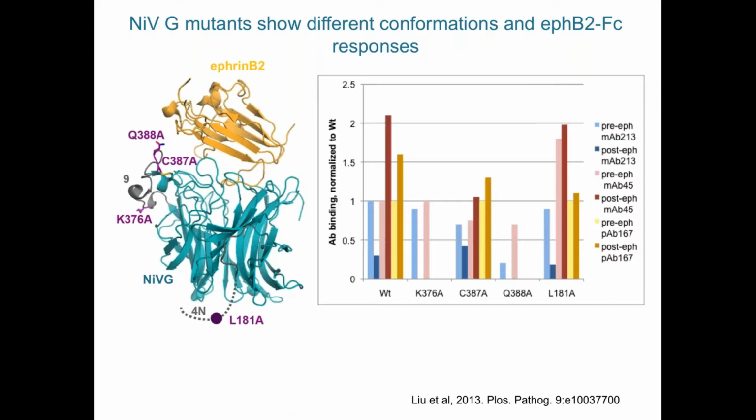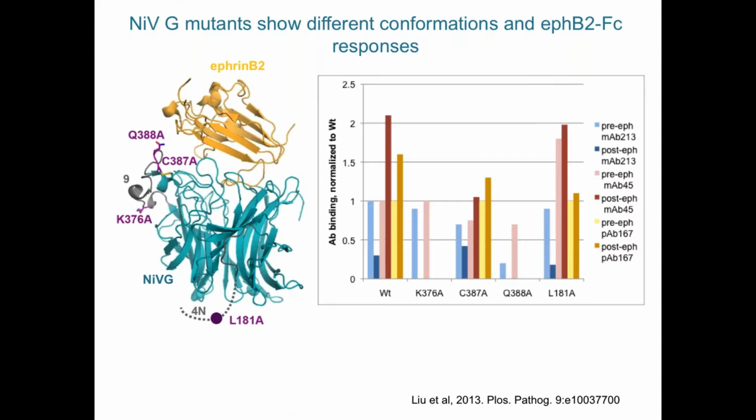As a refresher, wild-type Nipah-G undergoes a decrease in binding to MAB213 and an increase in binding to MAB45 upon addition of dimeric FNB2. In addition, binding to an antibody raised against the Nipah-G stalk, polyclonal antibody 167, increases.